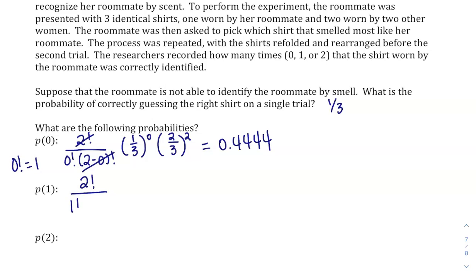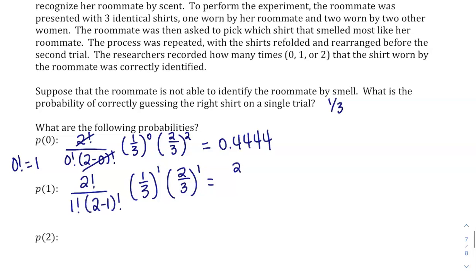We want 1 success, and then 2 minus 1 failures. So we'll have 1 success and 1 failure. In this case, 2 factorial is 2, and then 1 factorial times 1 factorial is just 1. That's times 1/3 times 2/3, and this also gives you 0.4444.